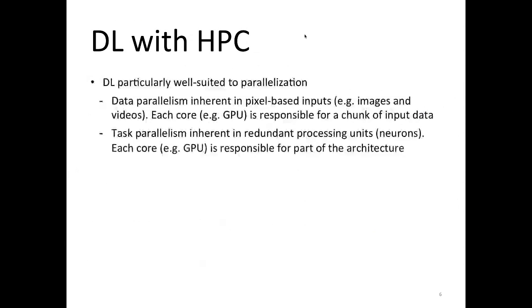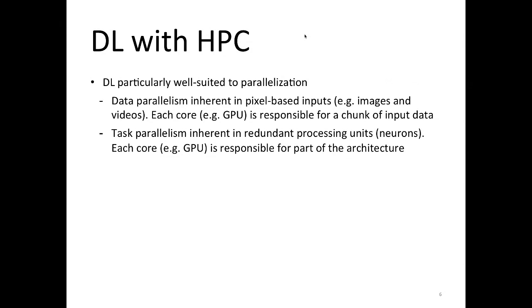Okay, so deep learning with high performance computing. Deep learning is particularly well suited to parallelization, and there are two kinds of parallelization strategy. The first one is data parallelism. It applies to pixel-based input like images and videos.